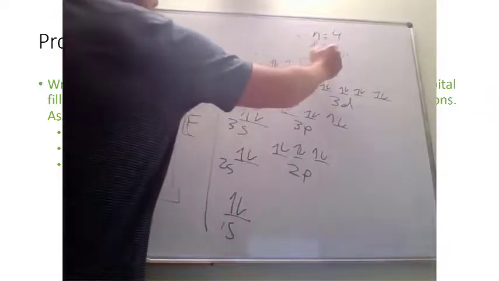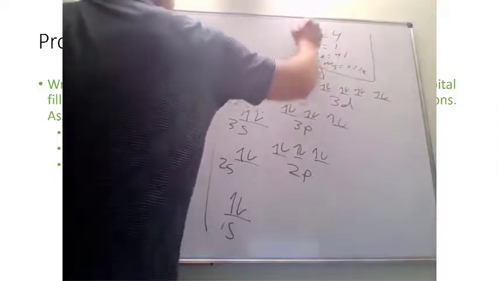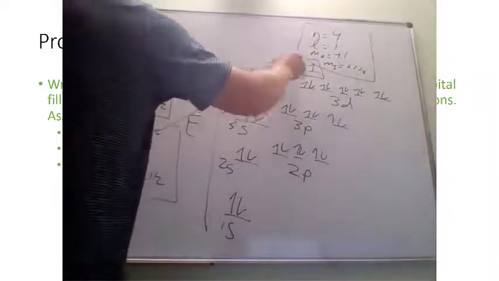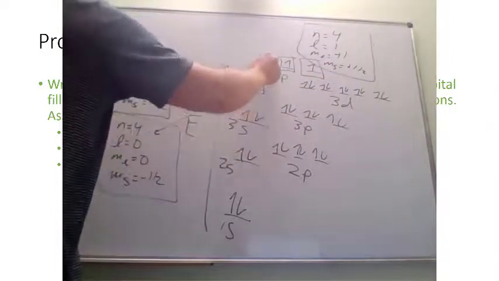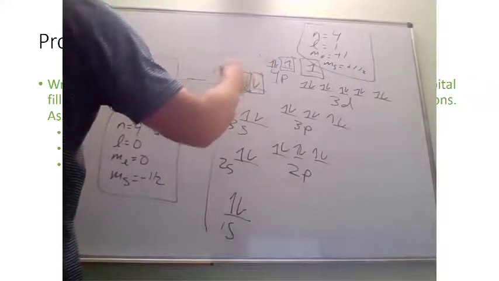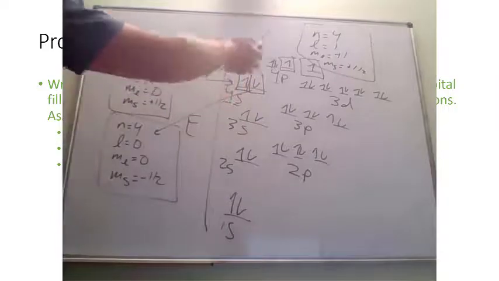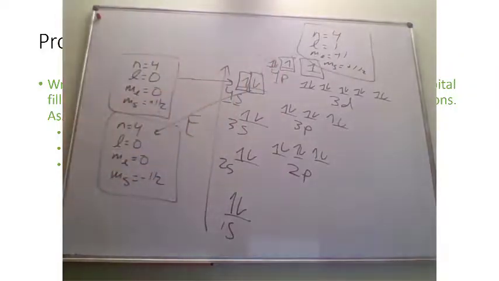And it's an up spin, so m sub s is equal to plus 1/2. This one here would have all the same numbers, except the m sub L would equal 0. This one here would have all the same numbers, but the m sub L would be -1. And then its neighbor would have the same numbers as its friend right here, but just with the opposite spin.